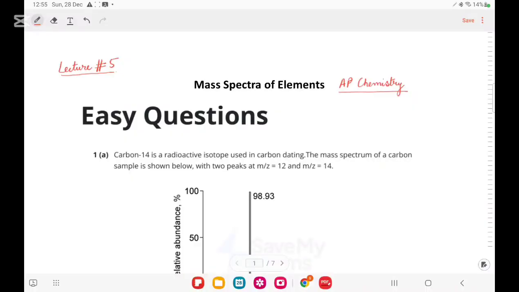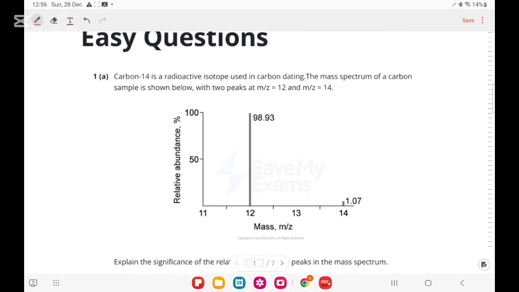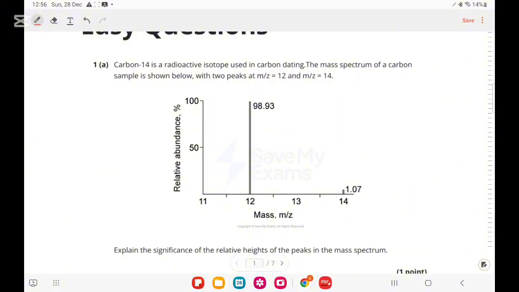Lecture number 5, AP Chemistry, and we are going to attempt structured questions related to mass spectra of elements. First of all, carbon-14 is a radioactive isotope used in carbon dating.